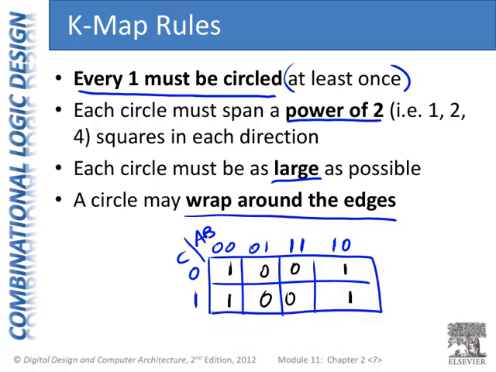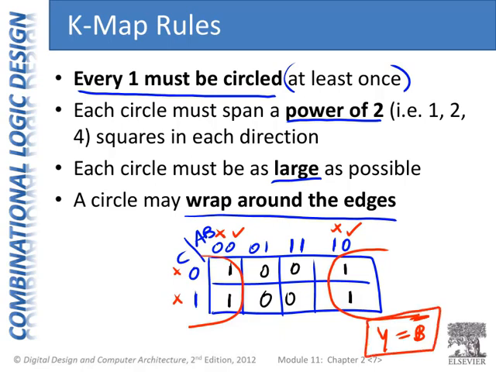So the correct way to do this is to draw a circle that wraps around the edges. Now we can see that just the complement form of B is included in that circle. So B bar equals B bar. Well, we have the true and complement form of A, so we don't need to include A in that implicant, and the true and complement form of C, so C is also not in that implicant. And we get the expression Y equals B bar.